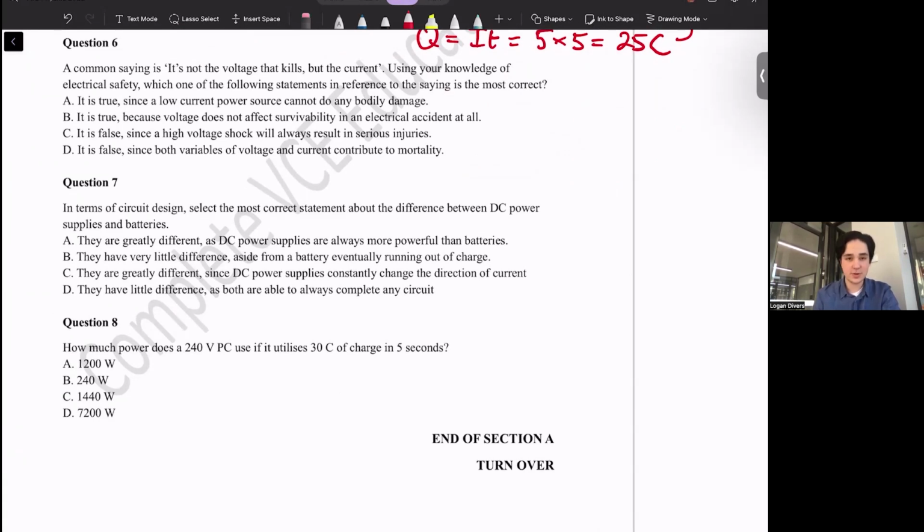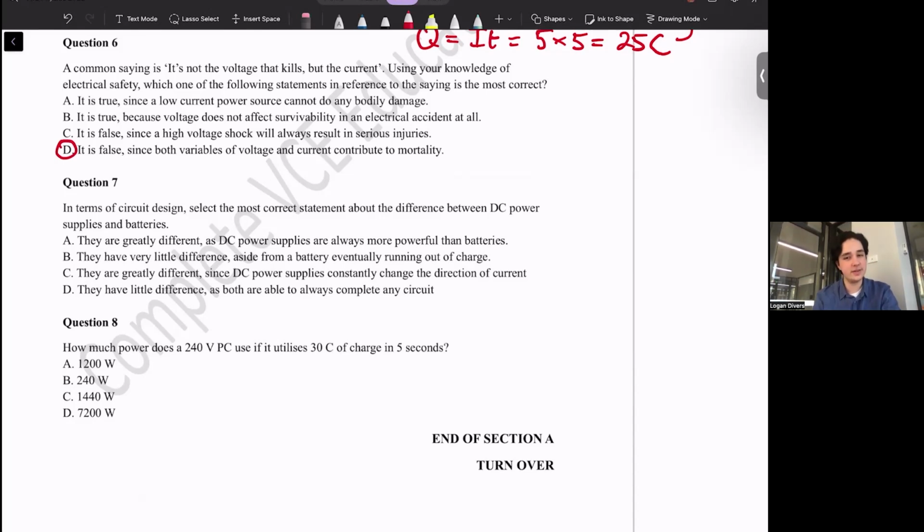B, it is true, because voltage does not affect survivability in an electrical accident at all. C, it is false, since a high voltage shock will always result in serious injuries. D, it is false, since both the variables of voltage and current contribute to mortality.